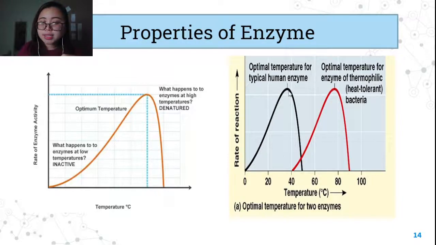So for human enzyme, the optimal temperature is usually around 37 degrees Celsius. And over here, the red curve is showing the optimal temperature for the enzyme of thermophilic or heat-tolerant bacteria. And the optimal temperature for this is more or less around 75 degrees Celsius.